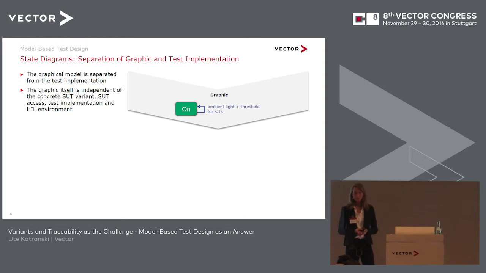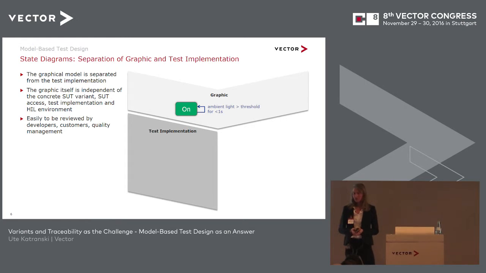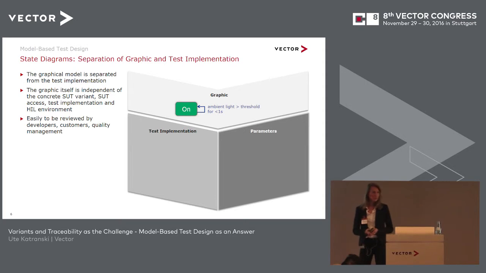By separating the graphic and the test implementation, I'm on an abstract level. So we have no problems with ECU variance or access to my HIL environment. One of the great advantages is that I can do reviews very easily without the need of having this detailed knowledge.